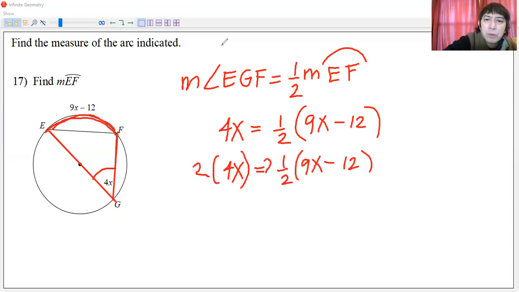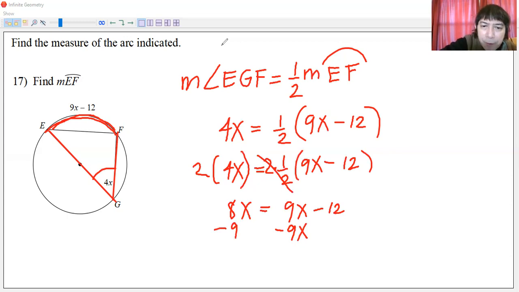This cancels out. We have 8x equals 9x minus 12. Subtracting now the 9x from both sides, we'll have negative 1x equals negative 12, or x is simply positive 12.